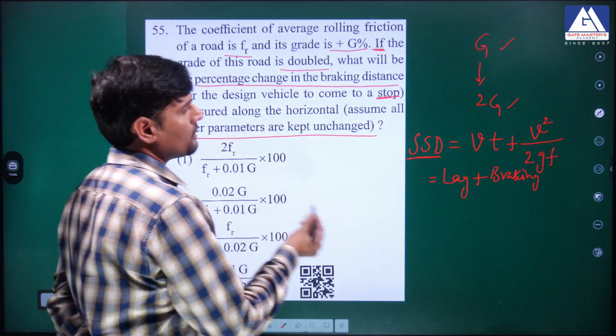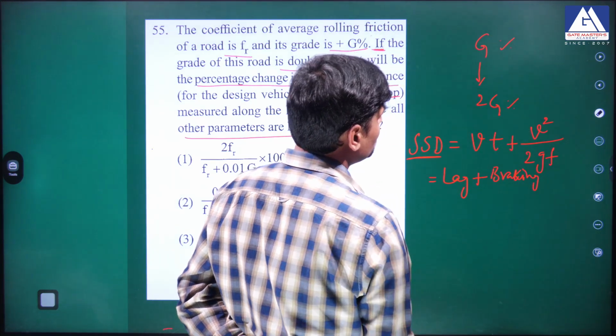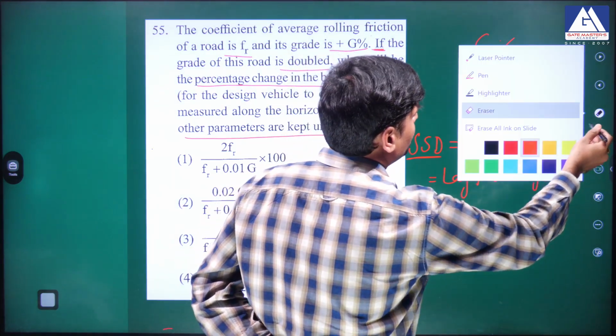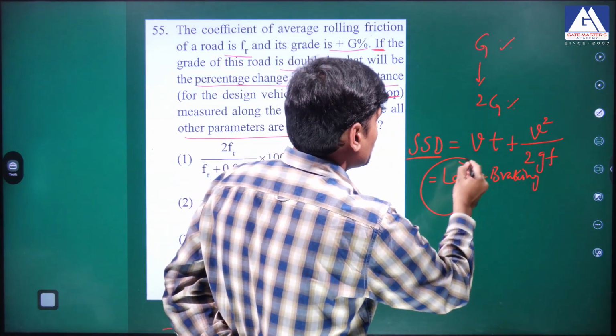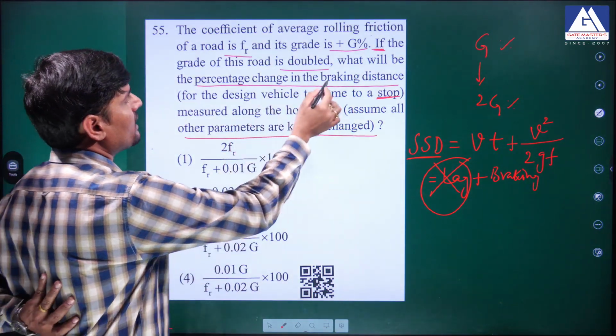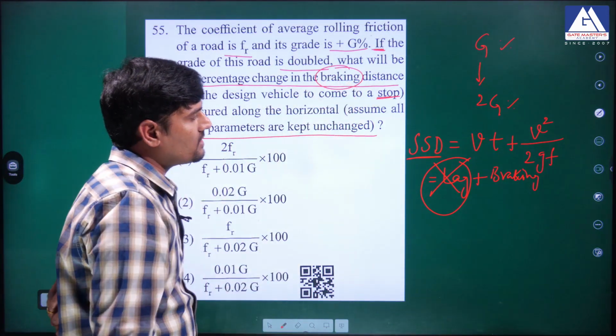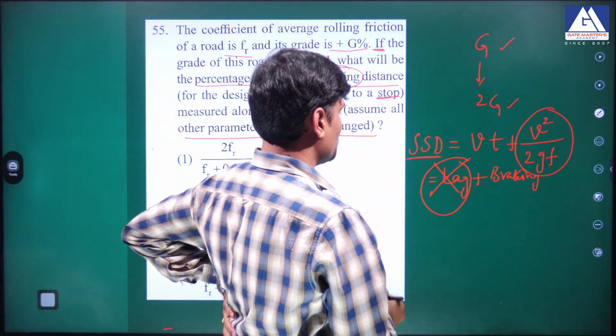But clearly we could see that there is no reaction time given in the question. So therefore this is overruled. Now what we have to calculate is the braking distance that has been asked. So that means this particular portion of the formula is to be utilized.